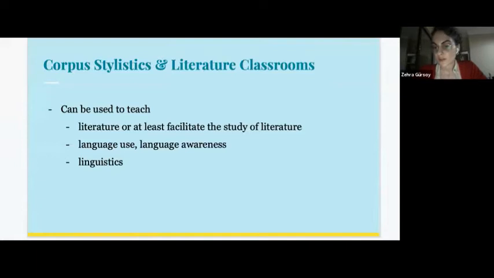And it can be used to teach language, language awareness, and language arts as a resource for language users. And it can be used to teach linguistics in an inductive way into a sometimes demanding subject area, a bottom-up rather than top-down investigation that teaches as much or prompts as many questions about language as it does about literature.